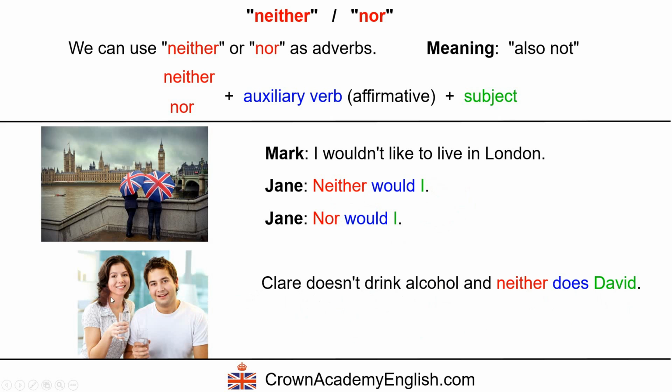So this means Claire doesn't drink alcohol, and David does not drink alcohol. Neither does David. Then we convert the negative auxiliary verb into the affirmative, does, and then we add the subject, David. And the form with nor, Claire doesn't drink alcohol, and nor does David. So it's the same but with nor.